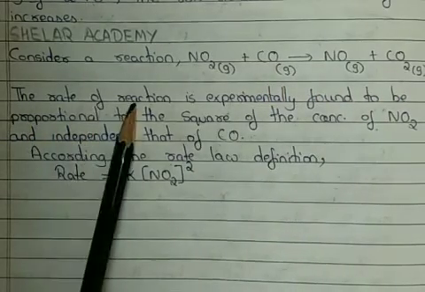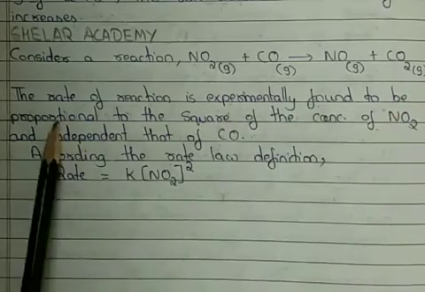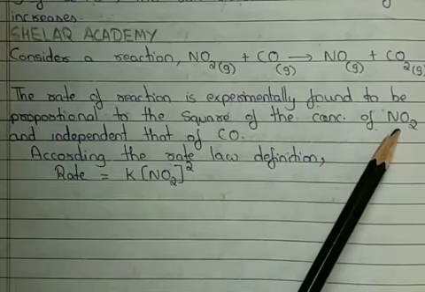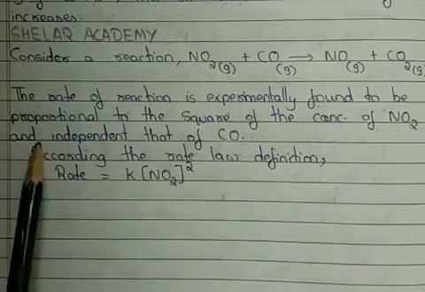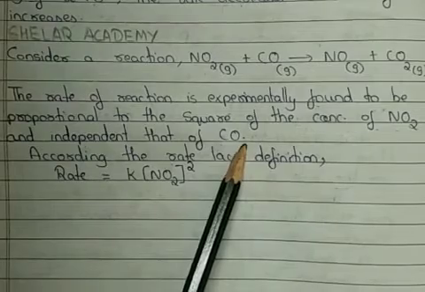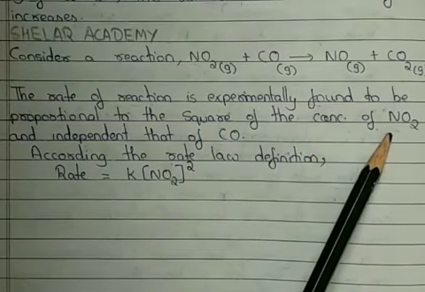The rate of reaction is experimentally found to be proportional to the square of the concentration of NO2, and it is independent of CO. So here it is proportional to the square of the concentration of NO2.